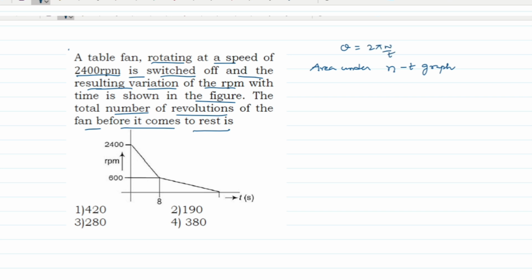The frequency versus time graph gives the total number of revolutions before coming to rest.